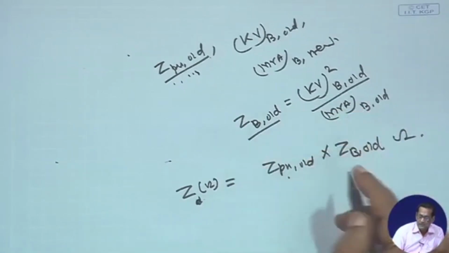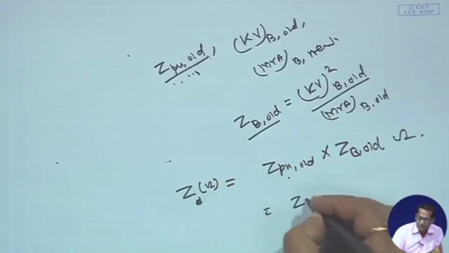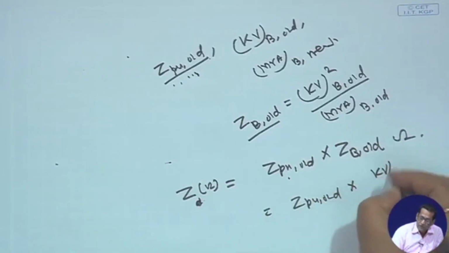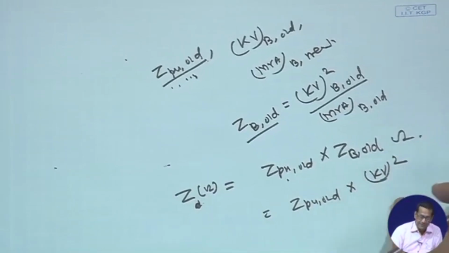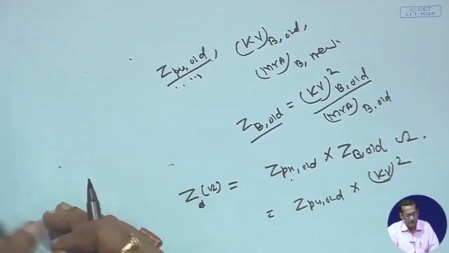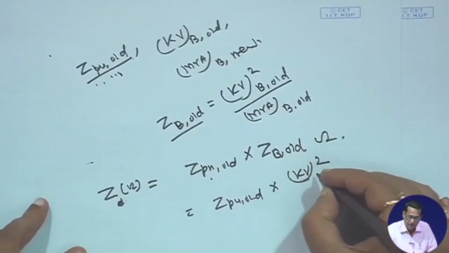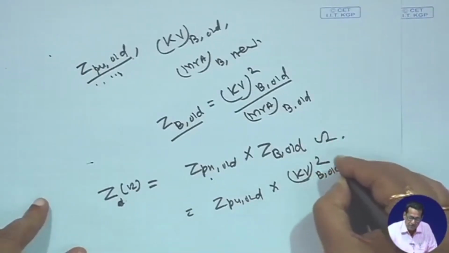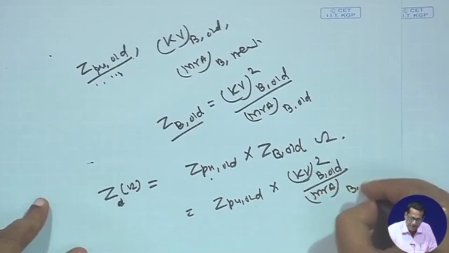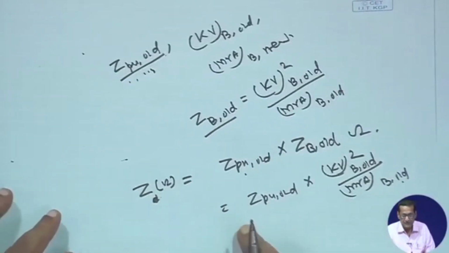So, it is multiplied as Z pu old into KV square base old divided by MVA base old, right. So, this is the ohmic value.